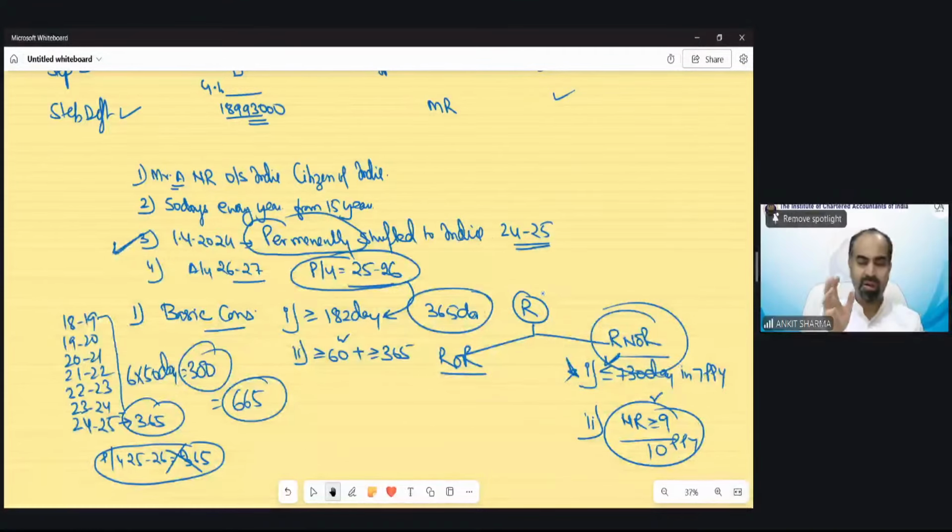If you calculate further, he is also satisfying the other condition, but we do not need to check both conditions. If the first has been fulfilled, he would be regarded as resident and not ordinary resident. I hope it's clear, Mr. Bala Murugan.